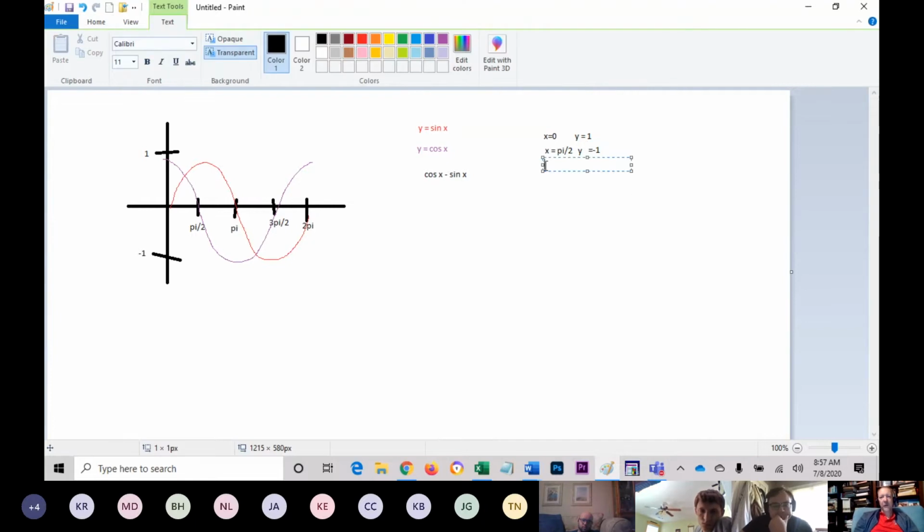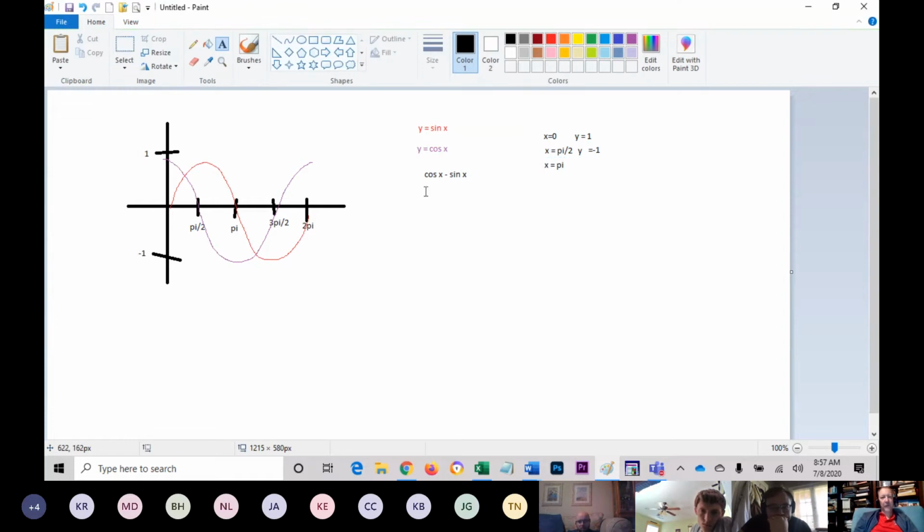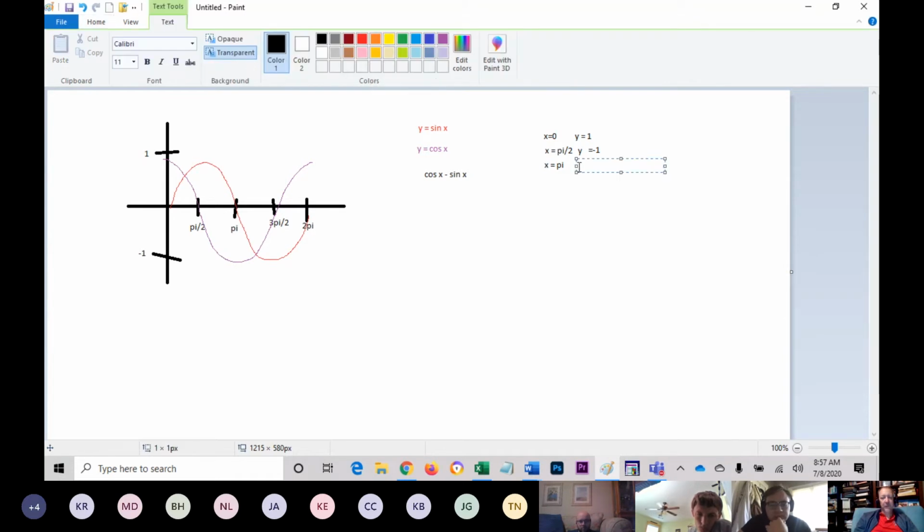Okay. Let's go to x equals pi. So when x equals pi, the cosine is -1 minus 0, which is going to be what? -1. Right, y equals -1.